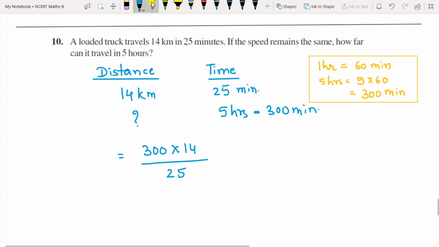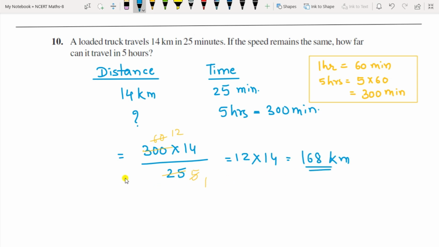Okay, so do the cancellation now. 5 5s are 25. 5 6s are 30, 0. 5 1s are 5, 1s are 5. 5 2s are 10. So it is 12 into 14. So 12 into 14 is 168 kilometer.